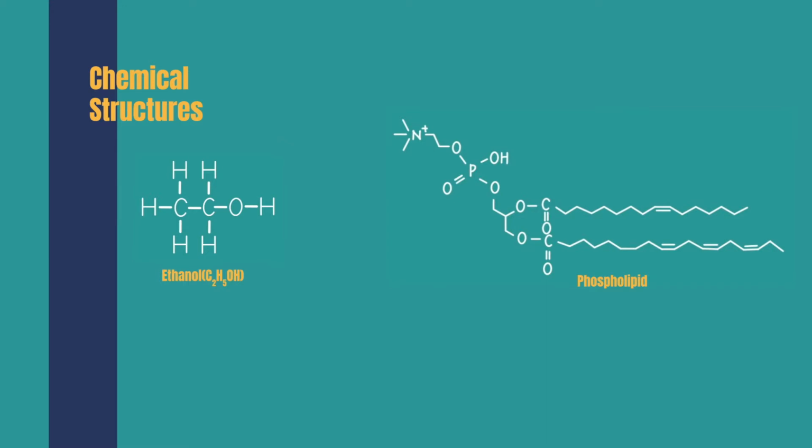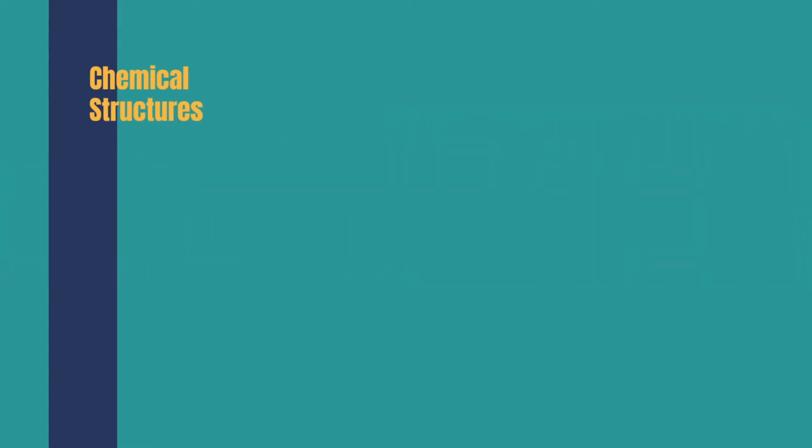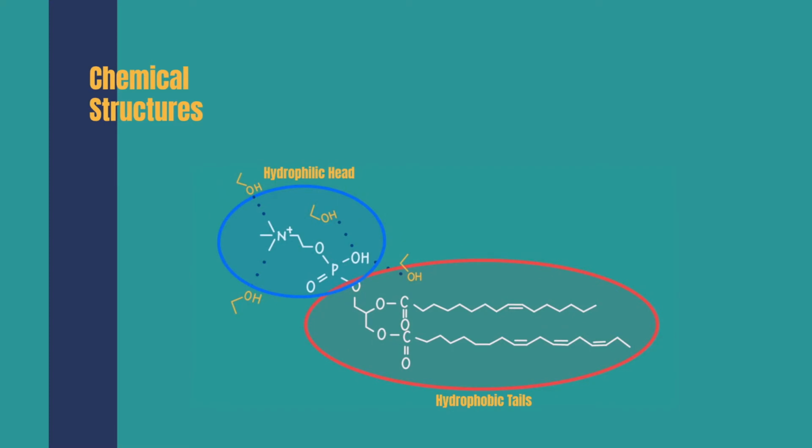So when ethanol gets near a phospholipid, the OH region of ethanol starts forming hydrogen bonds with the hydrophilic head of the phospholipid. This creates room in between the phospholipids, eventually leading the membrane to become loose, increasing the membrane fluidity.